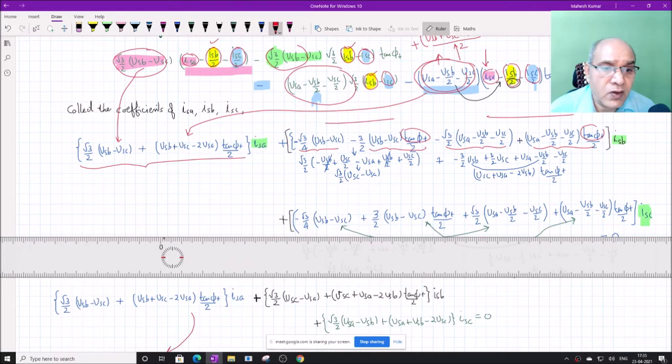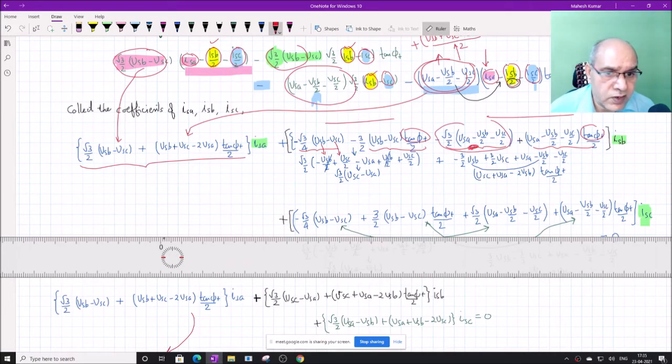Let us first collect without tan phi plus. So this is without tan phi plus. So minus root 3 by 4 is here. We have taken root 3 by 2 as common, and inside will be minus BSB by 2, this one, and plus BSC by 2. And then the next term is from this one.